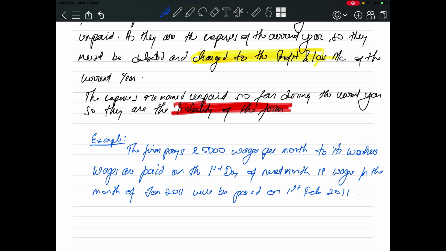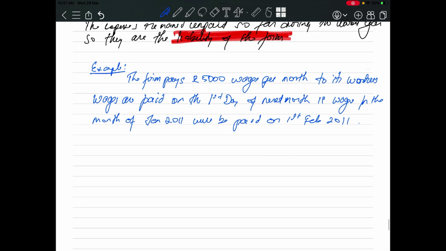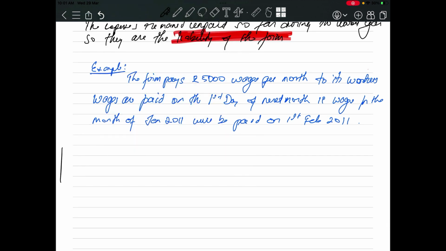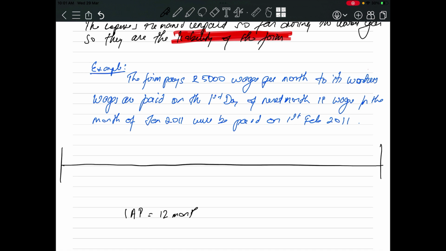Now let's try to understand this with the timeline. Let me draw a timeline. I've told you in the previous video that one accounting period will have 12 months. So our accounting period will start from 1st Jan and will end on 31st December. Let's take an example of 2011.